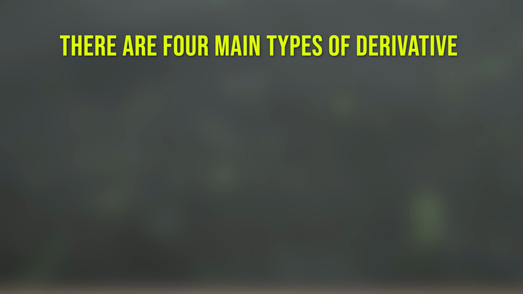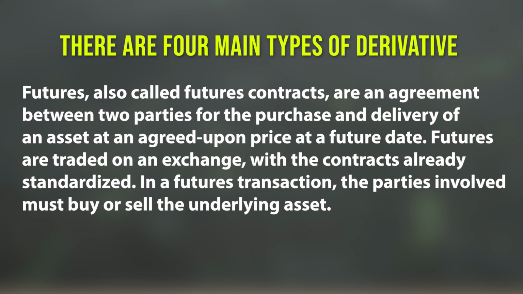There are four main types of derivative securities. You have seen there the four types. Number one, futures. Number two, forwards. Number three, options. Number four, swaps. Futures, also called future contracts, are an agreement between two parties for the purchase and delivery of an asset at an agreed upon price at a future date.